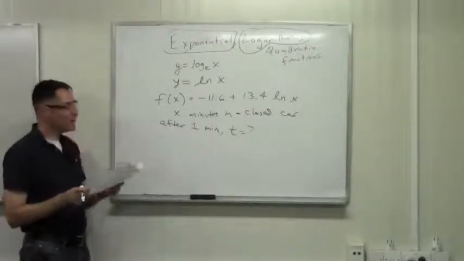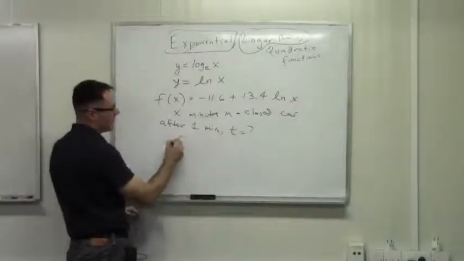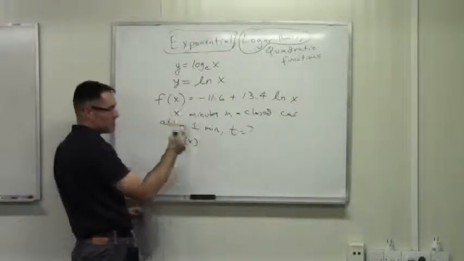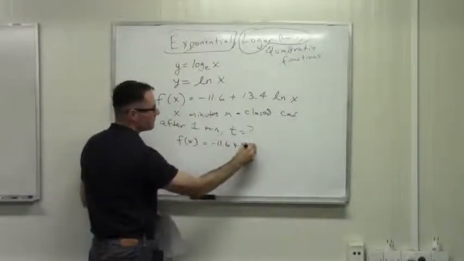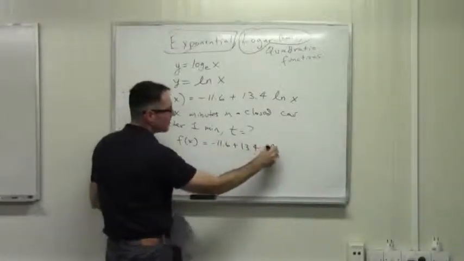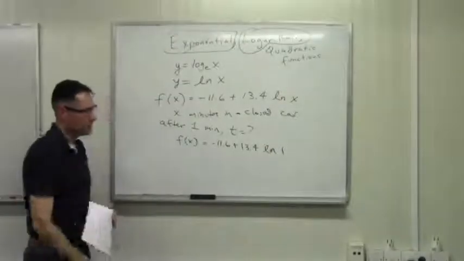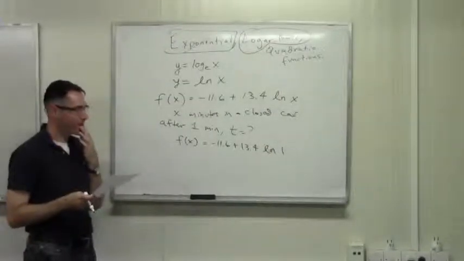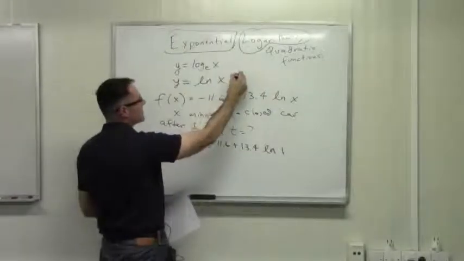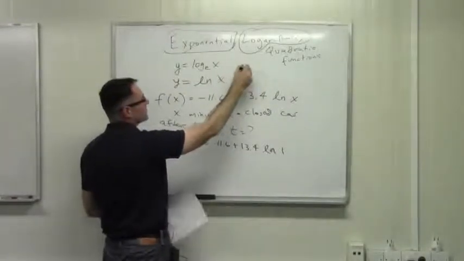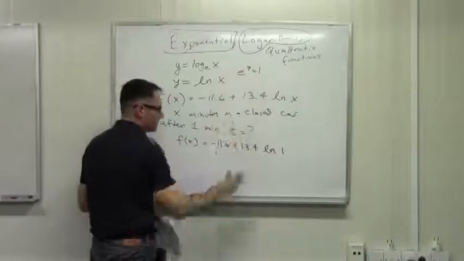If you do 1 minute in here, let's see what happens. F of x, you just plug it in. Negative 11.6 plus 13.4 times the natural log of 1. Natural log of 1 says e raised to the y equals 1.